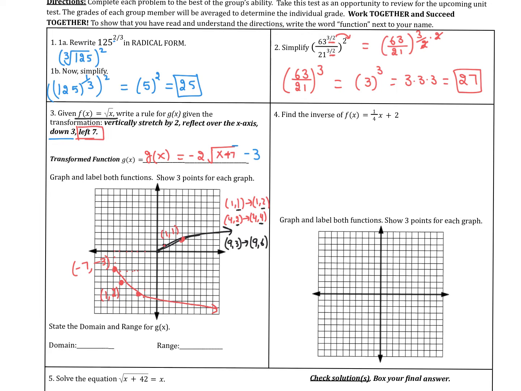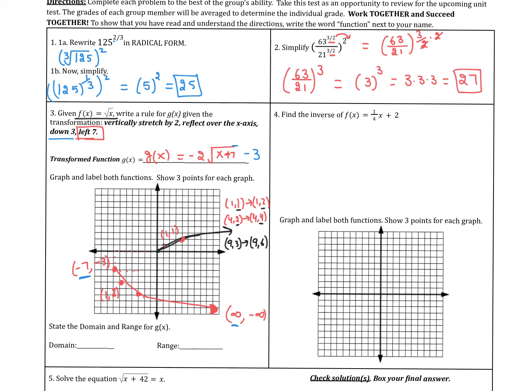What is the domain? Now you see this arrow, you need to figure out where the arrow is going. Arrow is going to positive infinity for x and negative infinity for y. Domain, which is x values, are going to be from -7 to infinity. You have to write minimum to maximum.